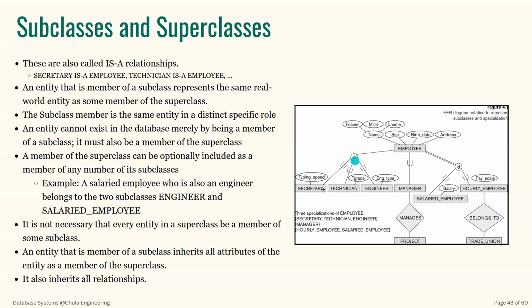We categorize employees by their job, and on the other side, we categorize the employees by their salaries or pay, or wages. So it is possible that one employee can be an engineer and a salaried employee. Again, it is not necessary that every entity in the superclass be a member of some subclass. But if you are a member of the subclass, you must inherit everything from the superclass.